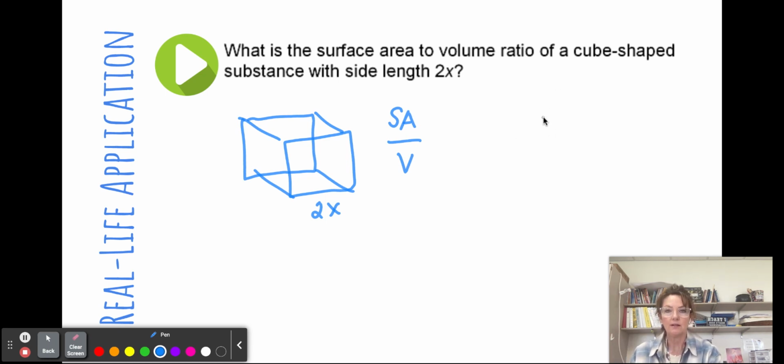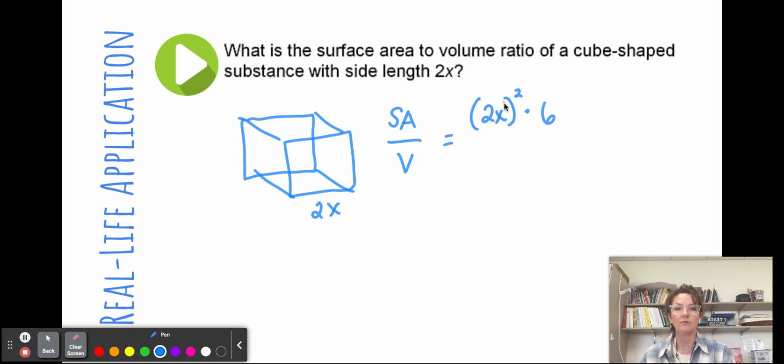For surface area, we're going to take the area of each side, which will be 2x squared, because 2x times 2x, and then I'm going to multiply that times 6, because there are 6 faces. So we have our 2x squared times 6.